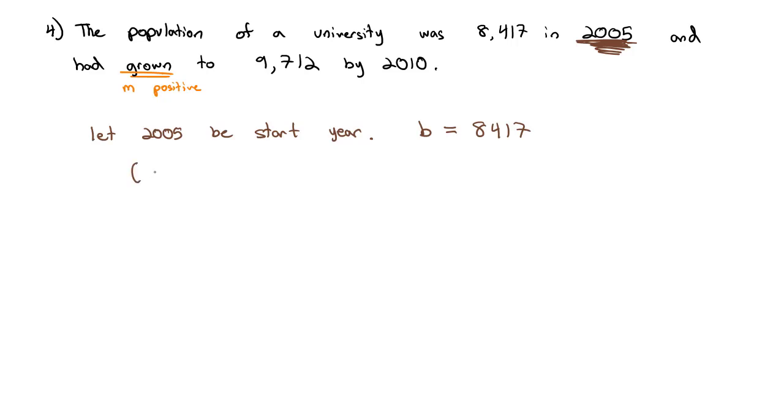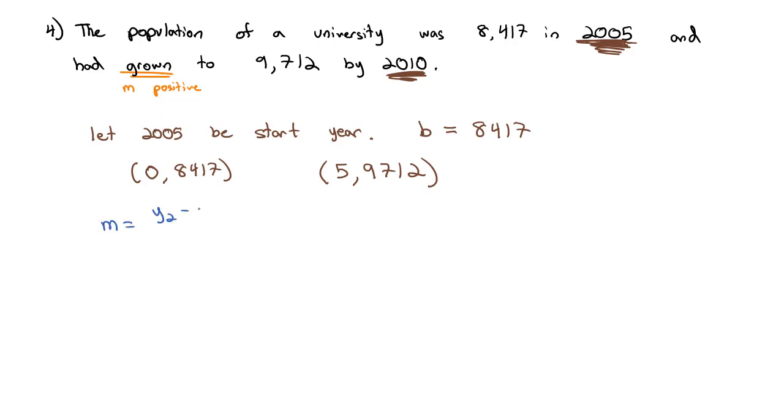Now, if 2005 is the start year, that means it's year 0. The population was 8,417. 2010 then is 5 years after the start of time. So 5 years later, the population was 9,712. And now I have my 2 points to figure out my rate of change, or the slope of the population of this university.